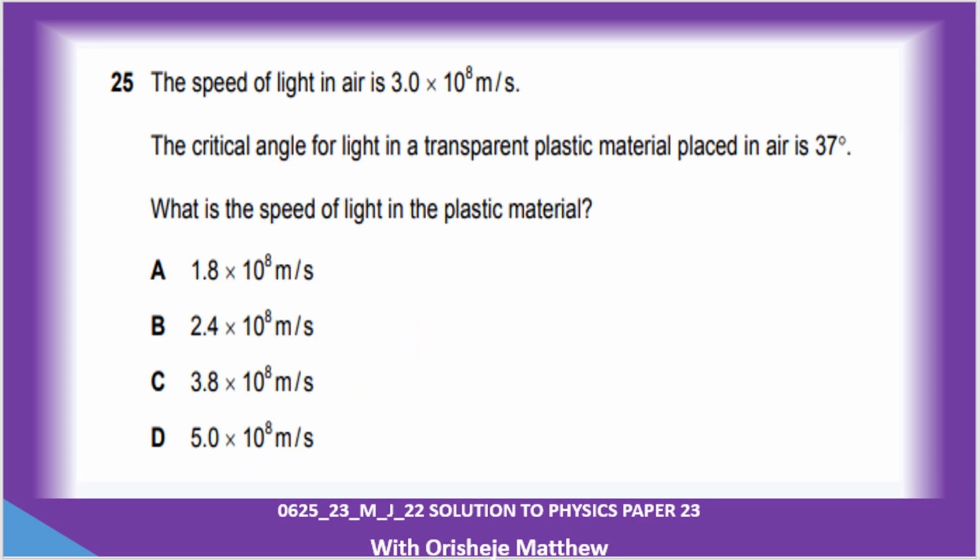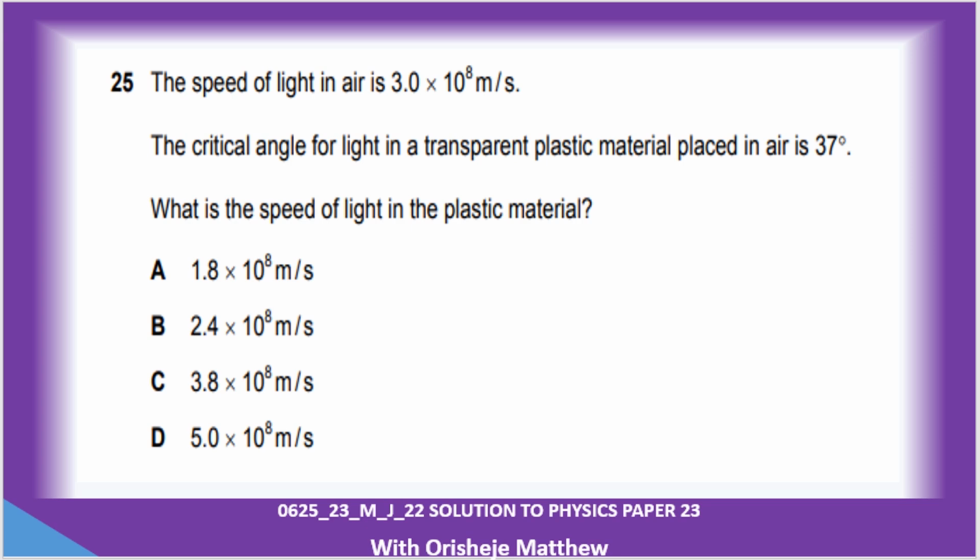The speed of light in air is 3 times 10 raised to the power 8 meters per second. That is 300 million meters per second. The critical angle for light in a transparent plastic material is 37 degrees. What is the speed of light in the plastic material?